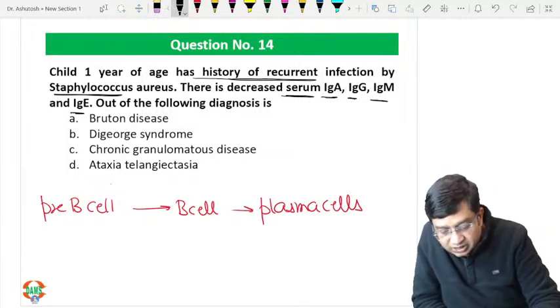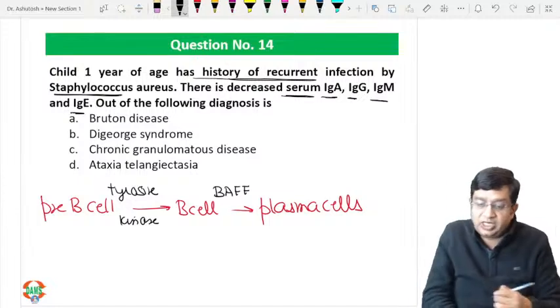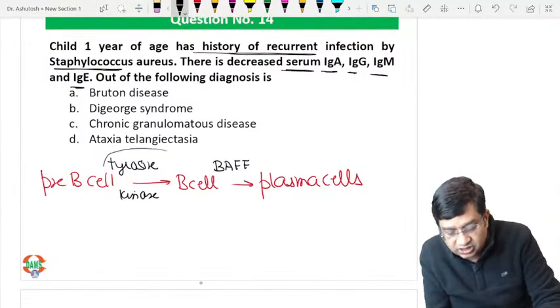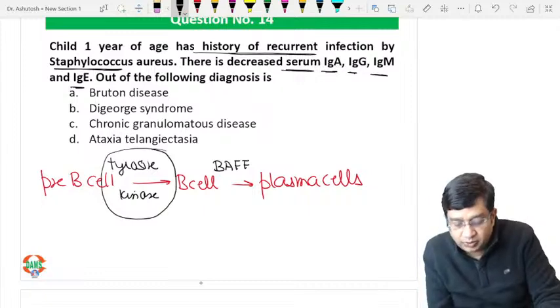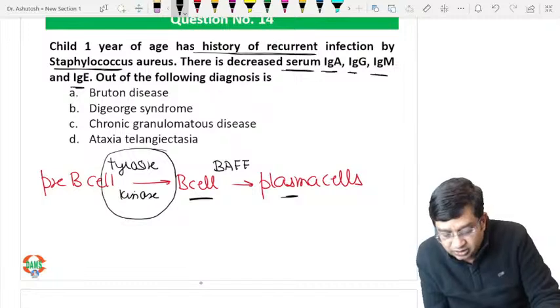Here, for pre B cell conversion, there is the enzyme tyrosine kinase. If there is mutation of this tyrosine kinase, there will be no B cell, there will be no plasma cell. So what will happen? There will be decreased immunoglobulins.